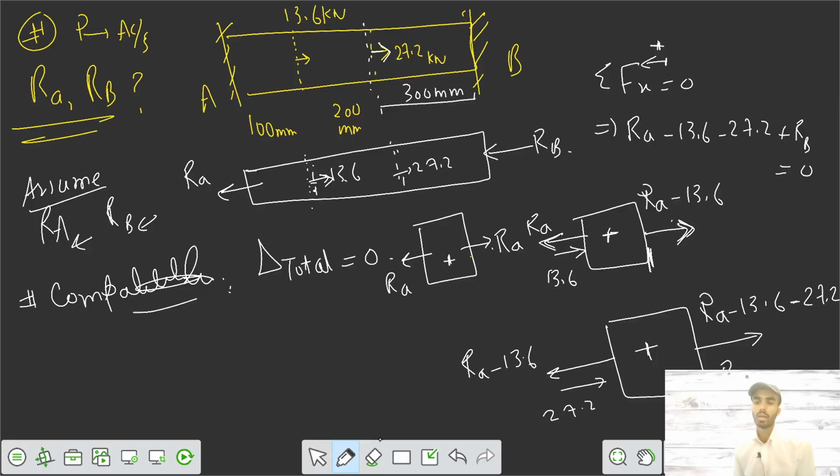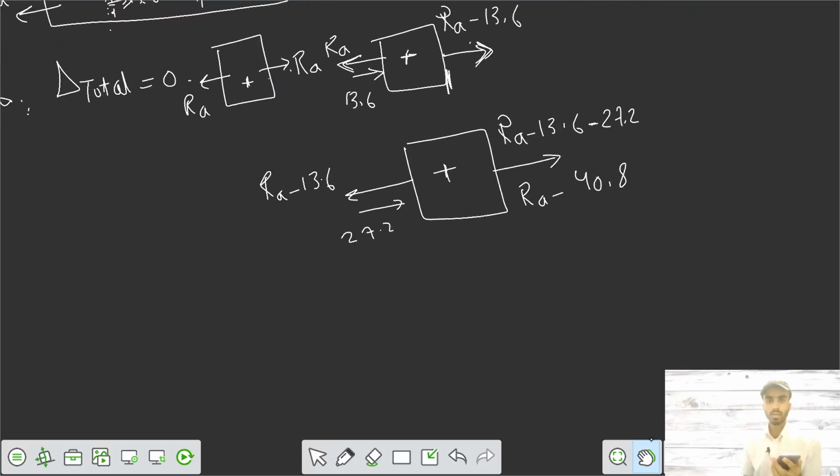So this comes out to be 13.6 plus 27.2, you get a value of 40.8.